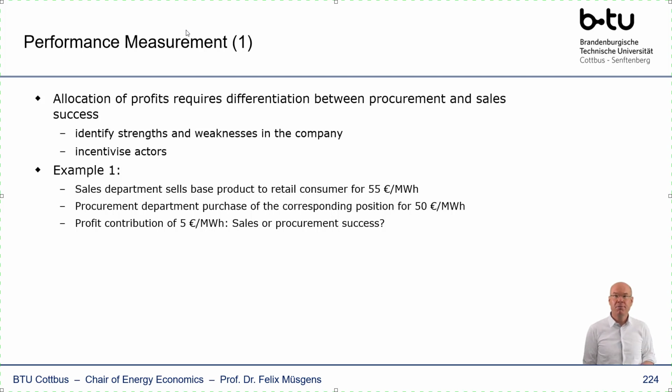So easy, straightforward to see. The profit contribution is 5 euros per megawatt hour. But the complex question: whose success was it? Is the sales manager getting a bonus, or is the portfolio manager, typically handling the purchase, doing a good job and should thus get a bonus?